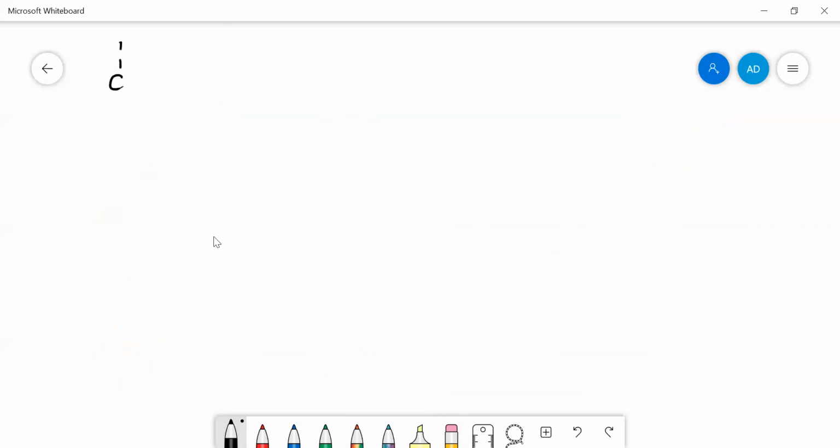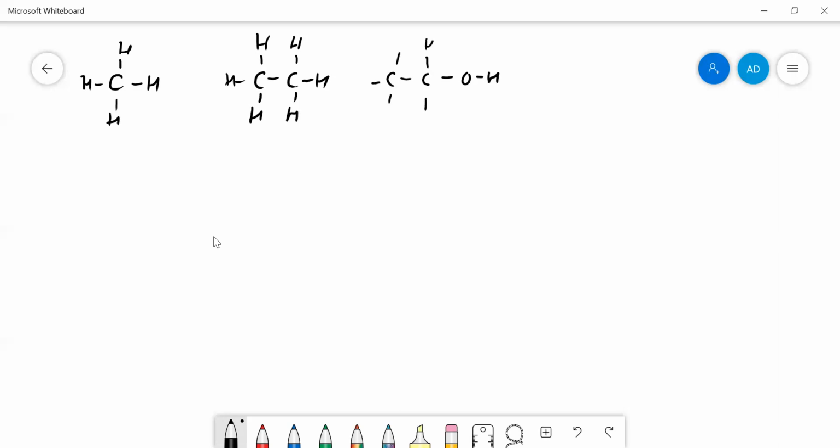Methane, ethane, let's have ethanol, and let's have pentanone.